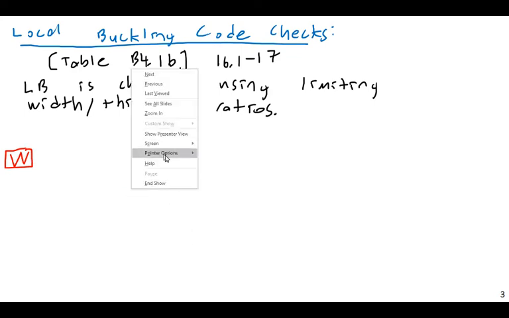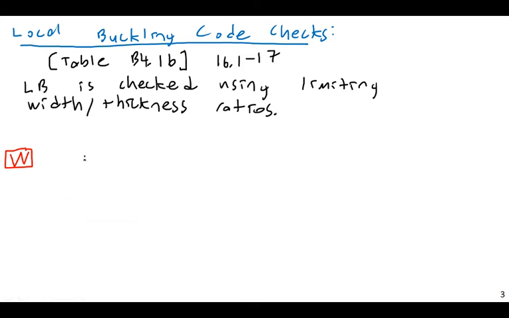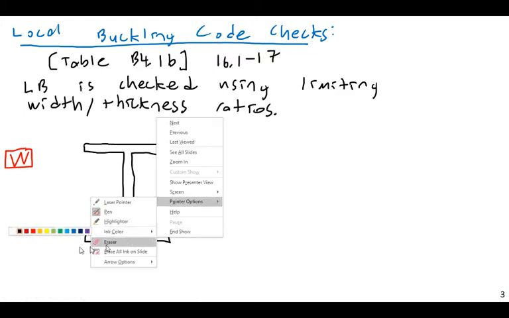So if I want to draw out a generic W section here, and I'll label the important dimensions. The relevant dimensions are going to be like this.